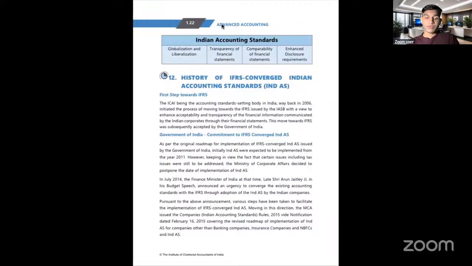So, Indian accounting standards: globalization and liberalization, transparency of financial statements, comparability of financial statements, enhanced disclosure requirements, history of IFRS converged Indian accounting standards, India's first step towards IFRS.